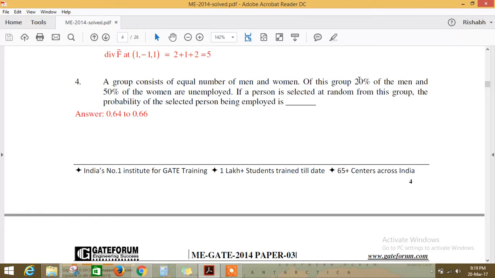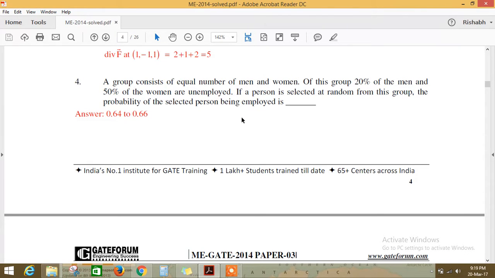Of this group, 20% of the men and 50% of the women are unemployed. If a person is selected at random from this group, the probability of the selected person being employed is C. Suppose a group consists of an equal number of men and women.